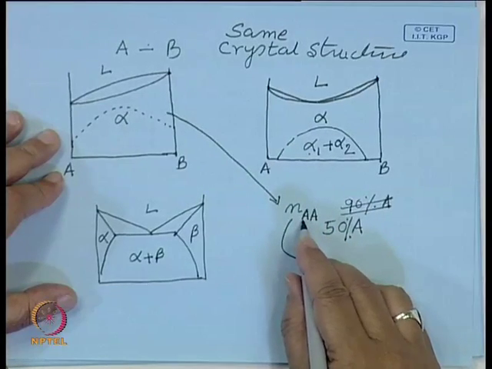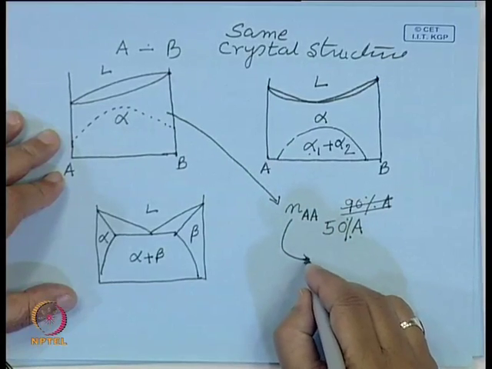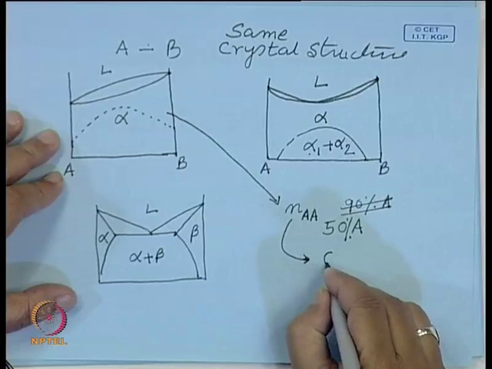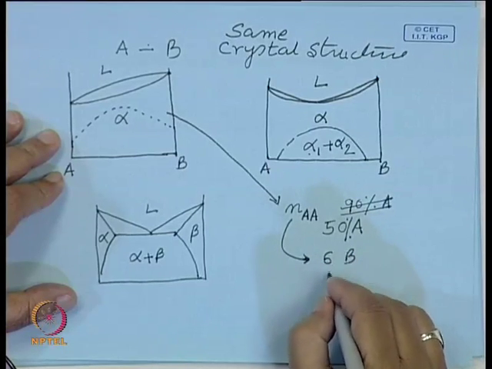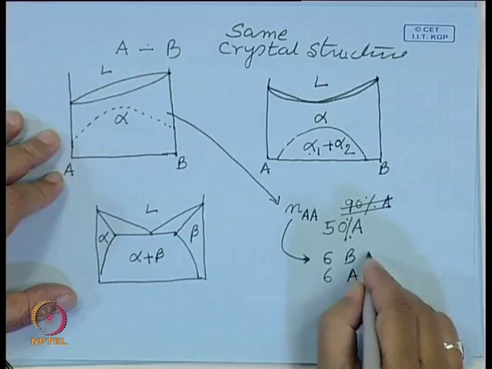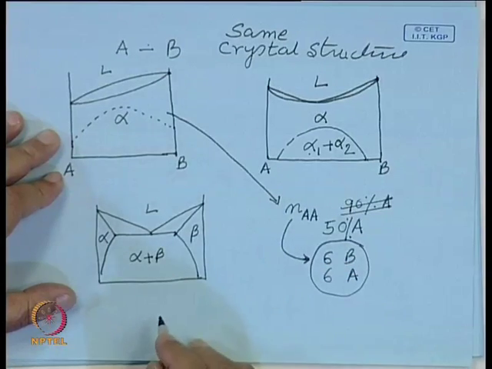So each A atom will be surrounded by 6 A atoms and 6 B atoms. There is no preferential arrangement.